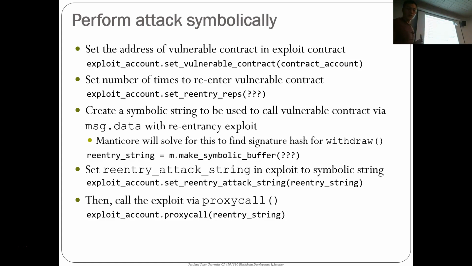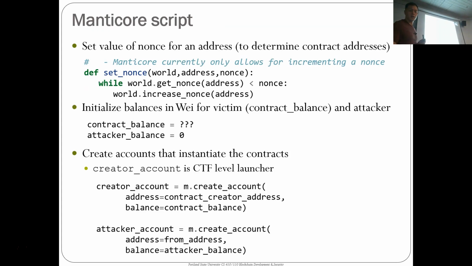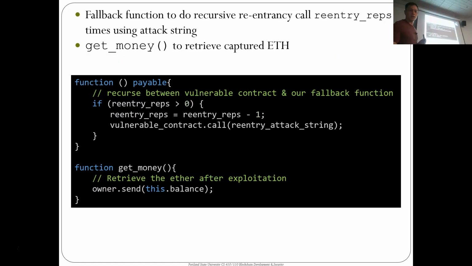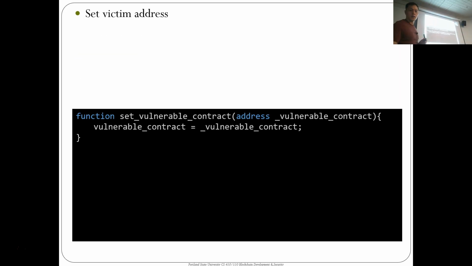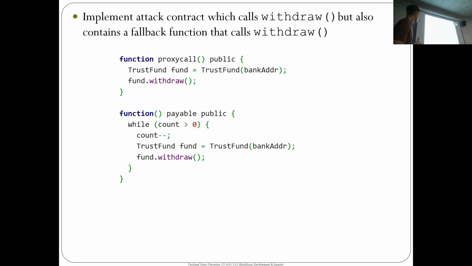So this one is very similar to the other ones. If you recall, you're trying to solve for the actual message.data that will invoke withdraw. So all of these function calls, it's just the first 4 bytes, basically the 4 bytes, yes.